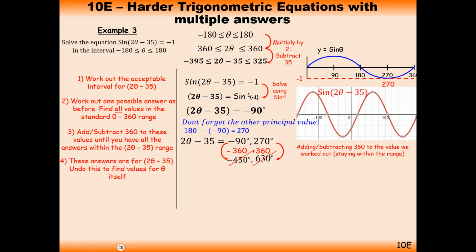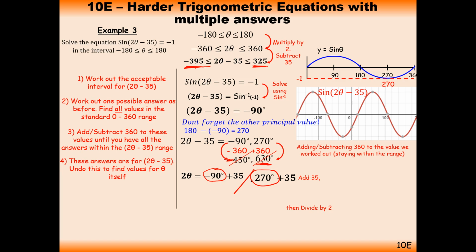These useful numbers therefore are just negative 90 and just 270. This negative value is beyond the range here, and this 630 is beyond this range here. It's beyond the upper limit of our inequality, so it's useless.